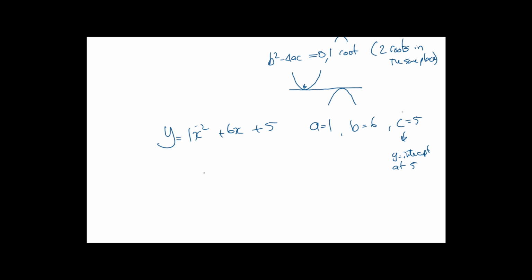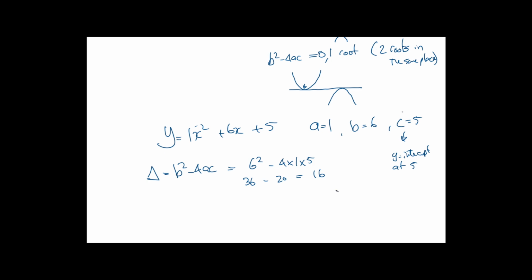Okay, let's find out the discriminant. In this case, it's going to be 6 squared minus 4 times 1 times 5. 4 times 1 times 5 is 20. 6 squared is 36. So that's going to be 16.